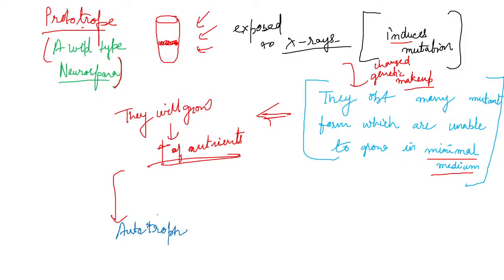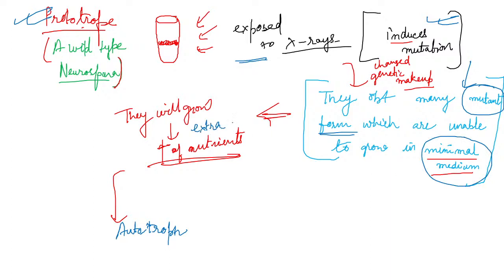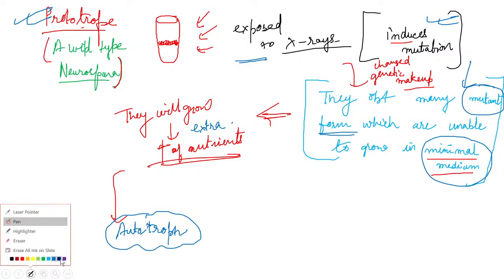First there was the prototroph, which was exposed to X-ray. It induced mutation. They obtained many mutant forms, and these mutant forms could not grow in the minimal medium. They needed some extra nutrients, which were added. Such a nutritional mutant is known as an auxotroph.